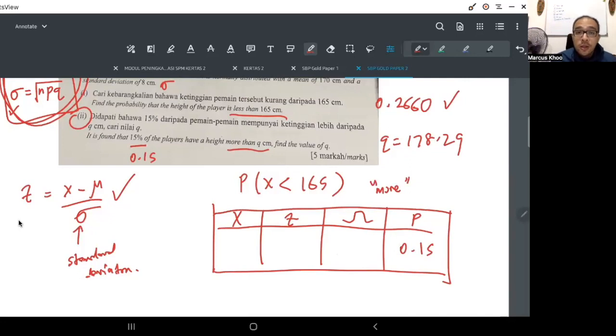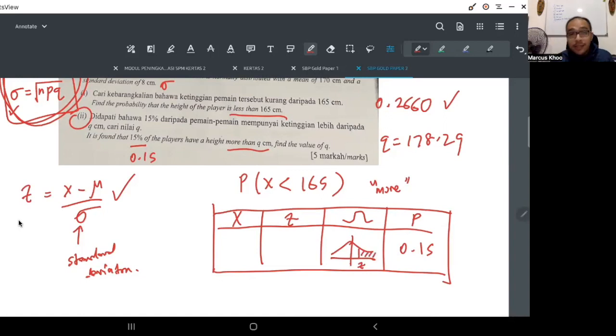There's a very long story to this. If the probability is less and then it's more, which side of the graph is it on? Obviously, in this case, the z-score will be on this side. More than, correct.